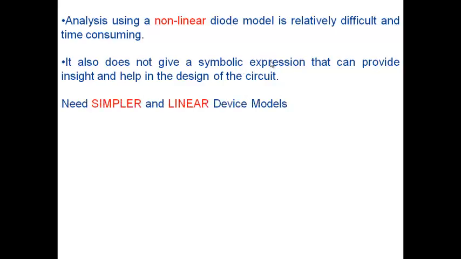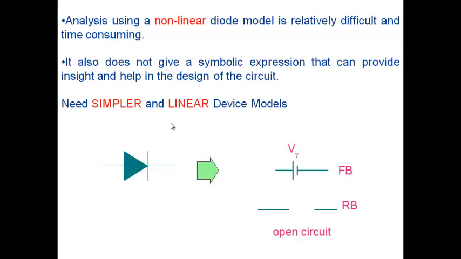So, in order to get a symbolic expression and make the analysis simpler, we need a simpler model of the device here. One of the models of the diode that you're familiar with is that a diode in forward bias, we will approximate by a battery with a certain value, V gamma.